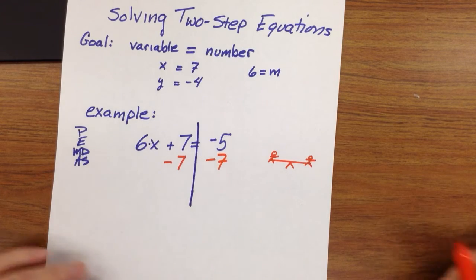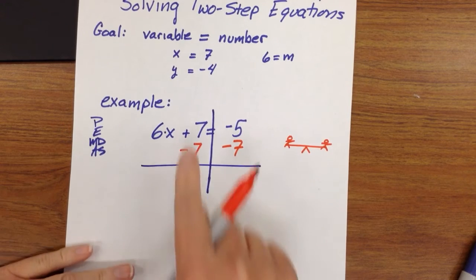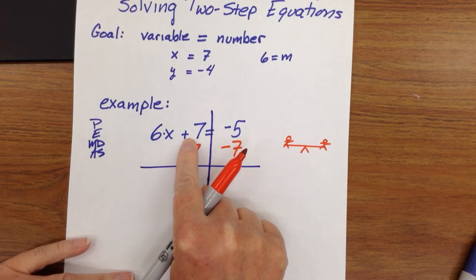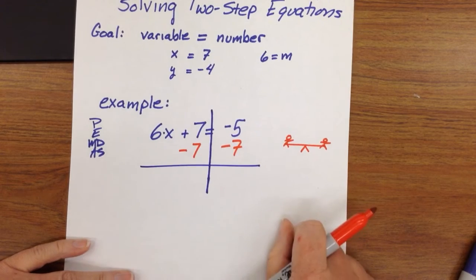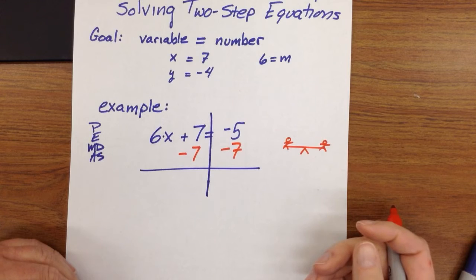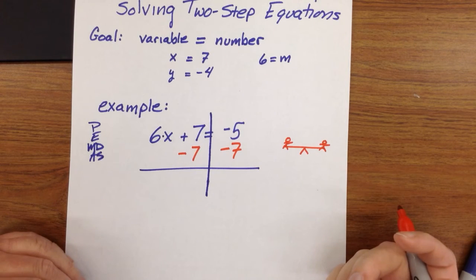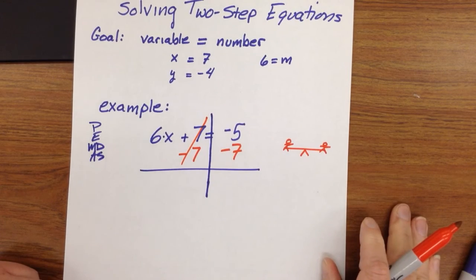Same thing, both sides. As a result, what has happened? Look at this: +7 -7. If you have +7 -7, doesn't that just add up to 0? If you're adding 0, it doesn't do anything. So I can just cross that whole part out.